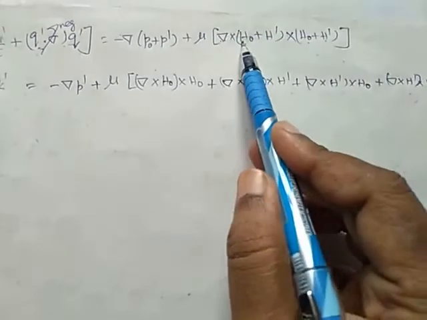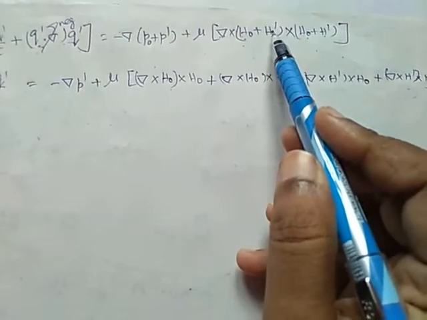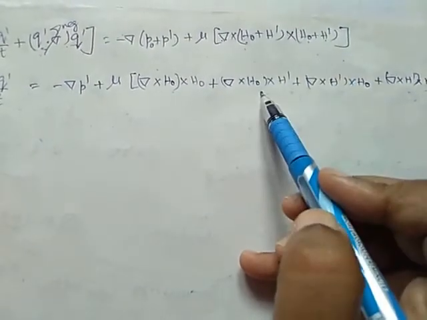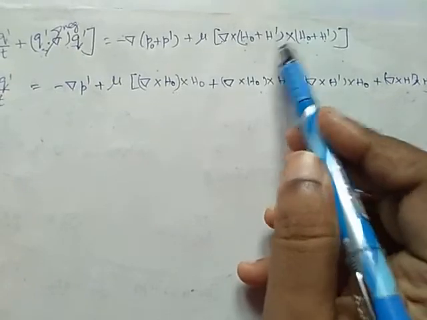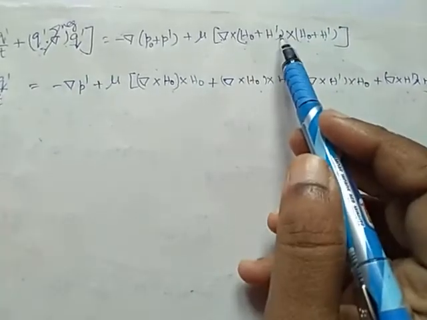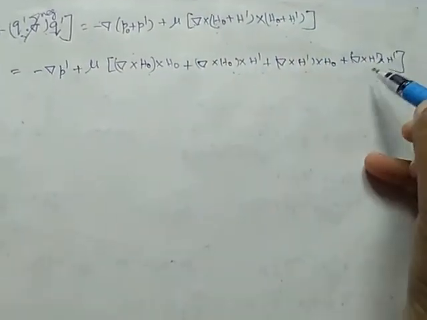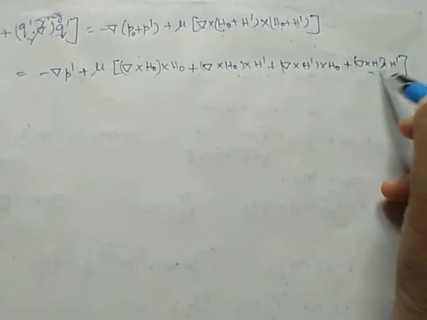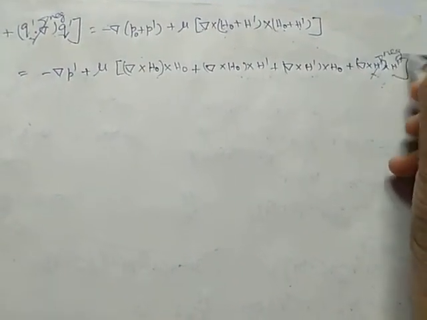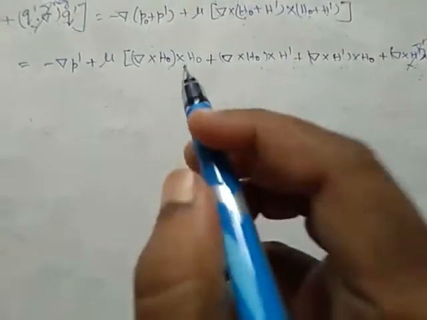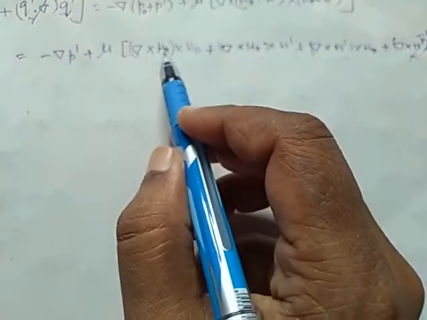So again here we are having a product of two perturbed terms, del cross h dash cross h dash. This I am neglecting. Then here, del cross h naught.